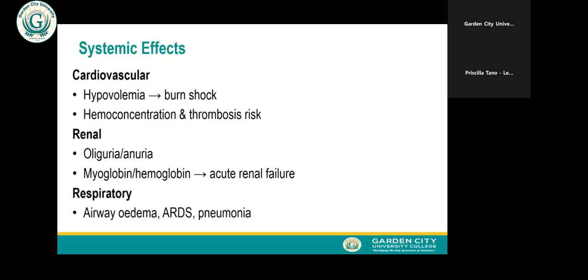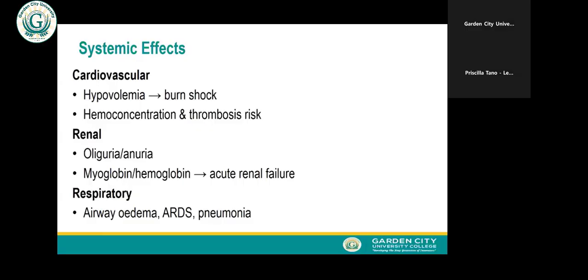Because it runs through the blood and now it gets into the kidneys and it causes harm. Right? And so there wouldn't be enough tissue perfusion within the kidneys. There'll be acute tubular necrosis because of what? The combination of myoglobin and hemoglobin. So there's acute renal failure. Is that okay? All right.